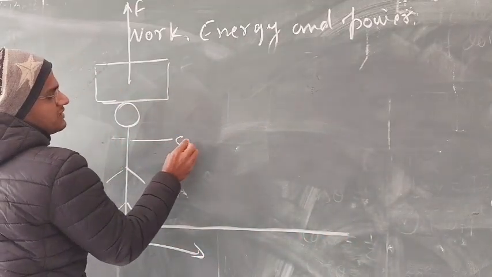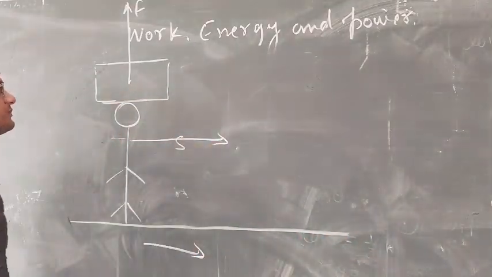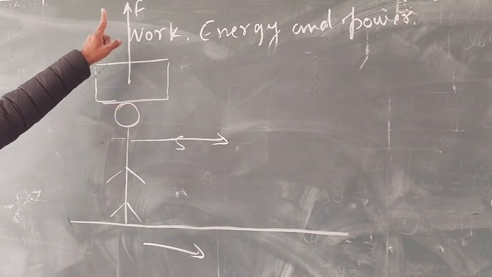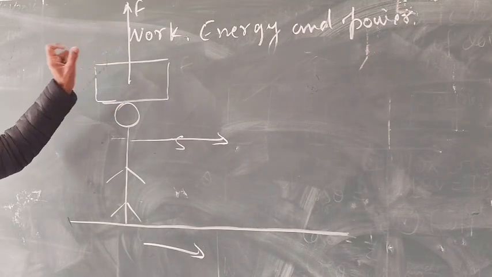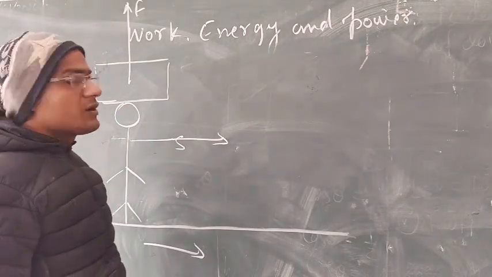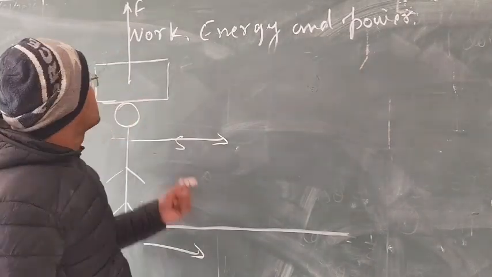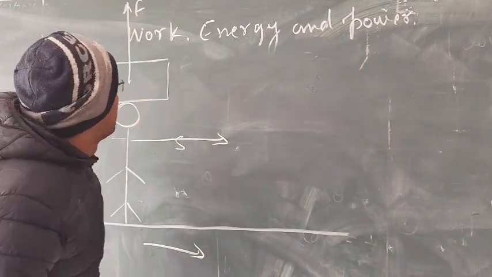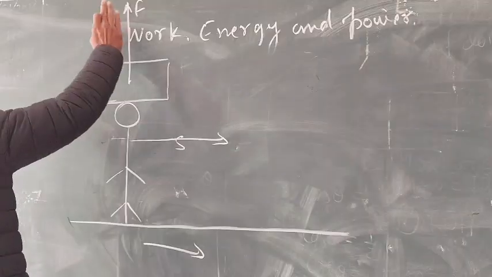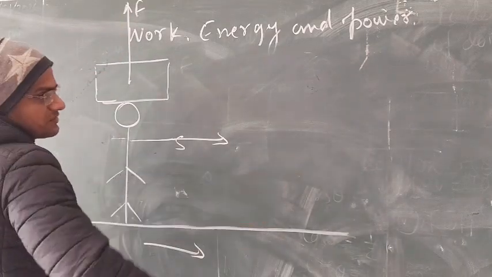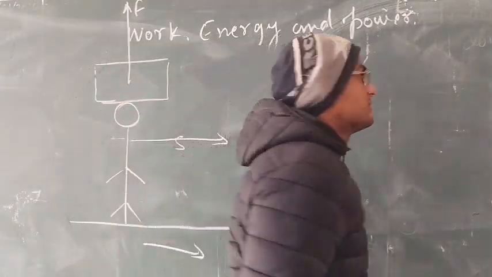The displacement is along this direction. When the coolie is carrying a bag over his head, he is applying force in the upward direction, but the displacement is in the horizontal direction.